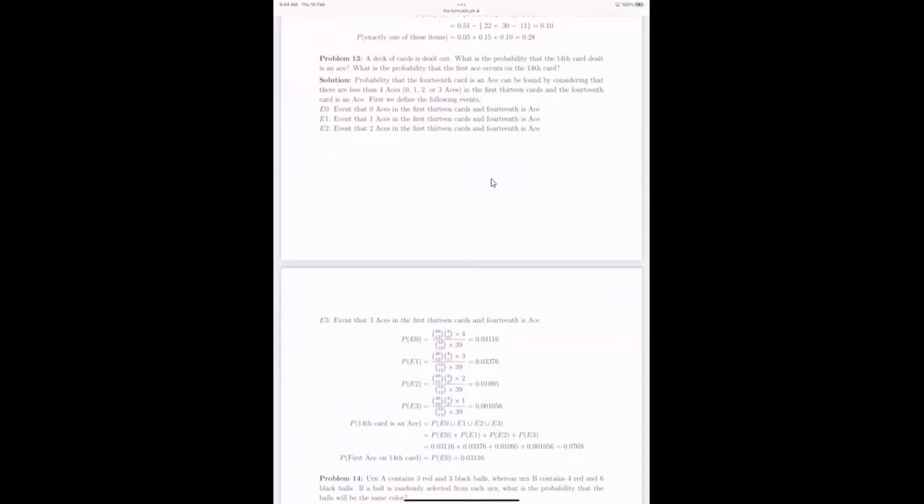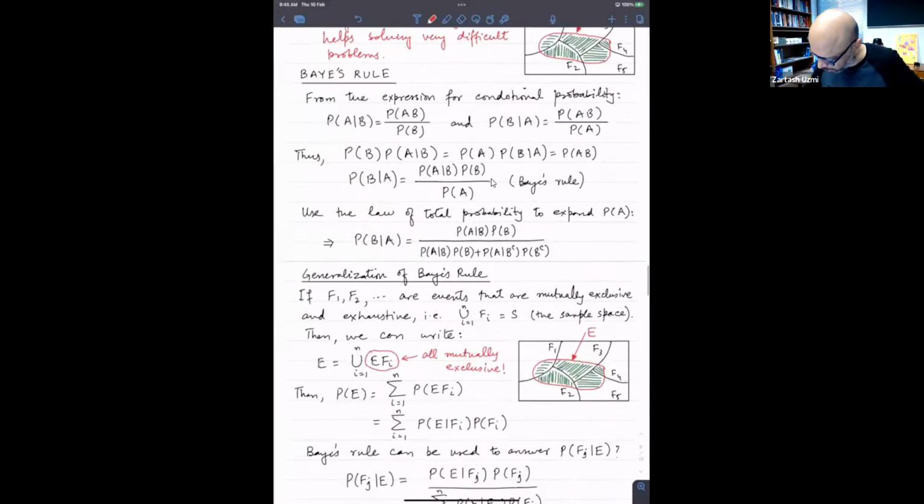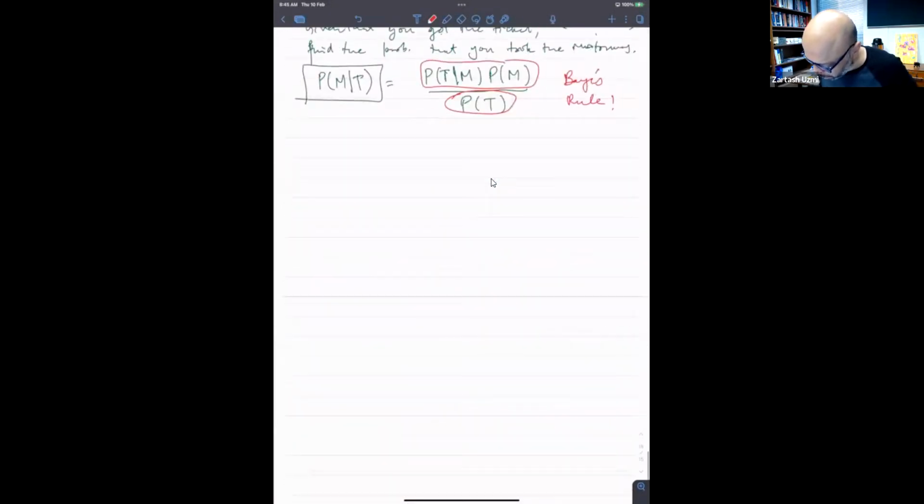So now in order to get the 14th card to be an ace, there is some probability associated with that. But before that, what happened in the first 13 cards? There are different pathways, and one path is that you did not get any ace in the first 13 cards. Let me just, my pen is not able to write in that window.